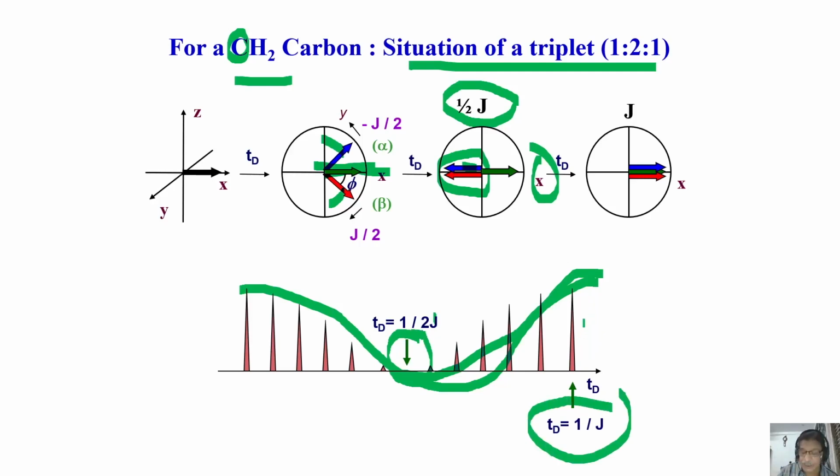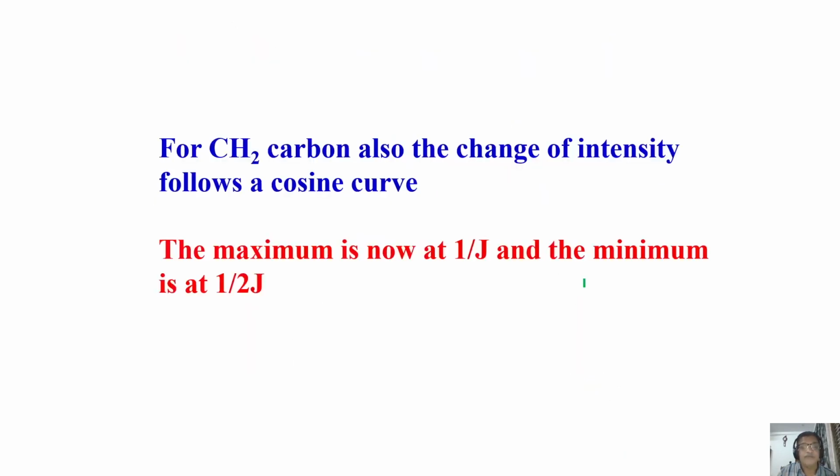What was the earlier case? You remember what happened in the CH case? It was going like this and then becoming a negative maximum. But here it is becoming a positive maximum for CH2 carbons. You see the difference? When the CH carbon intensity was negative, at the same point, the CH2 carbon will have a positive intensity, positive maximum.